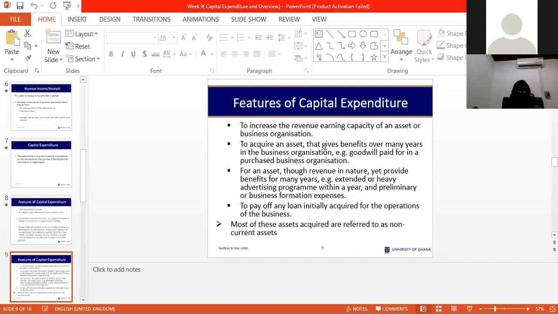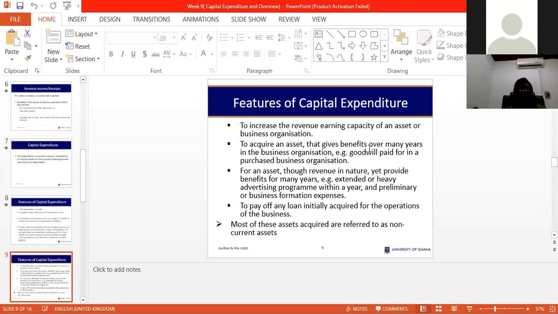Again, capital expenditure normally results in benefits that span over many years. Once you incur a capital expenditure, the benefit from it to the business will transcend one financial year. And so that is capital expenditure.